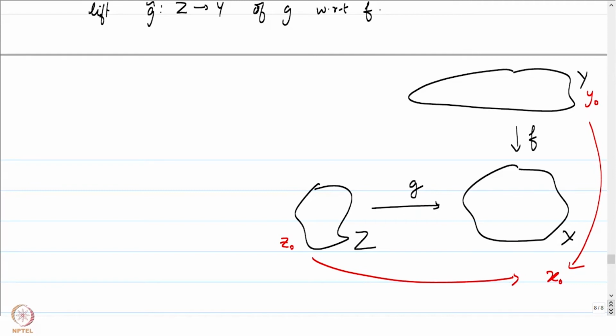Suppose G of Z0 is the same as F of Y0. Then the theorem says that there exists a unique lift G tilde which sends Z0 to Y0 and which lifts G. It's in some sense similar to what we did while we did curve lifting. We prescribed a point at which the curve begins and then we have a unique lift. It's something similar to that.